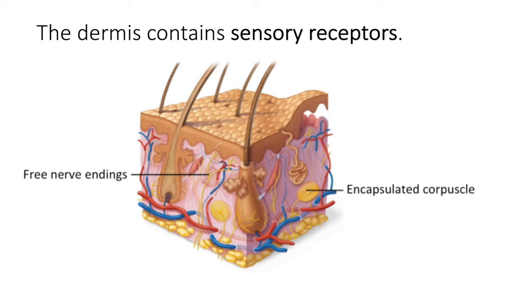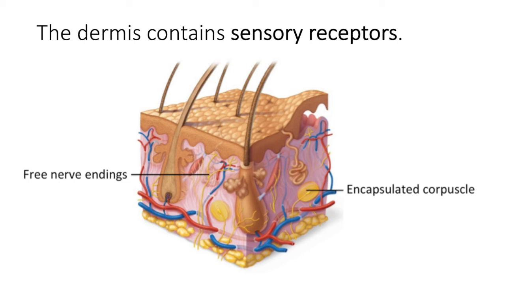All encapsulated corpuscles respond to different types of touch. Discriminative touch is fine touch. Non-discriminative touch is more broad touch. When we get to the nervous system, we'll talk about these different types of receptors.